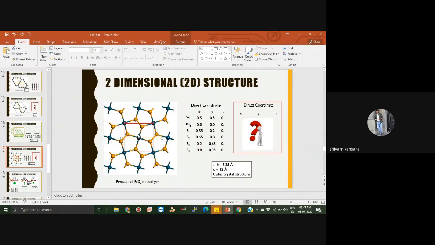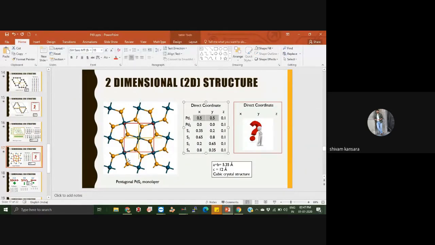Okay, and the intersection of these two lines is the center of this cubic, and we can see that in the system one Pd atom is already set in the center of this cubic. So this blue atom behind this line is known as 0.5, 0.5.